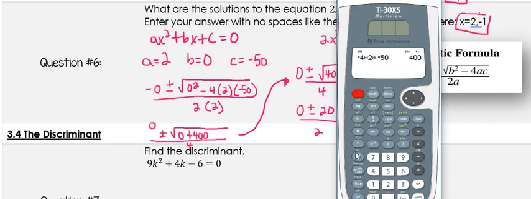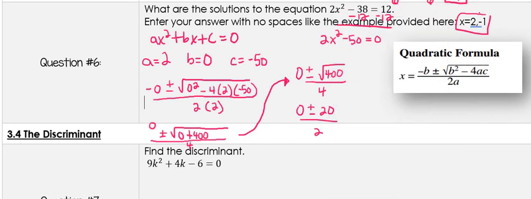If you're ever in doubt or you want to check, it's never a bad idea just to go check to make sure you don't make a simple mistake in your head when doing your math. So now I have 2 separate problems. I have 0 plus 20 divided by 2, and I have 0 minus 20 divided by 2. And we could have dropped the 0. We don't need it because we know that we can't add 0 or subtract 0 from anything and change the value. But this is going to be just 20 over 2 or 10.